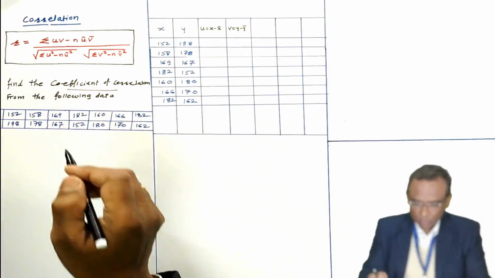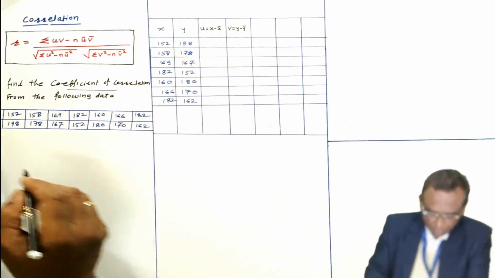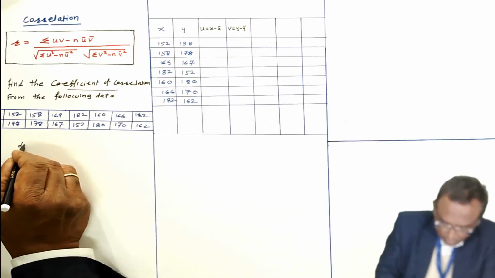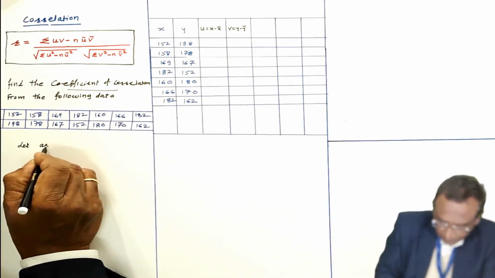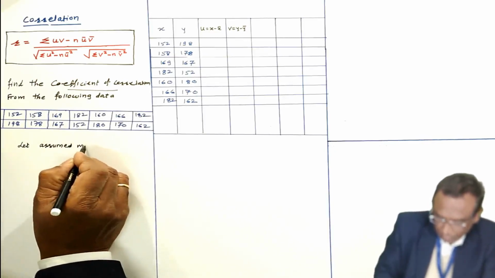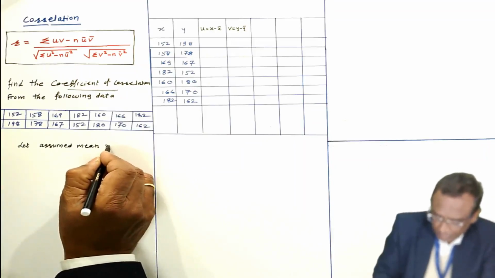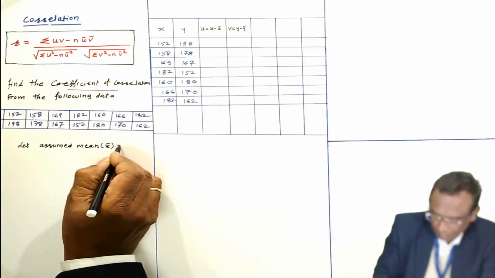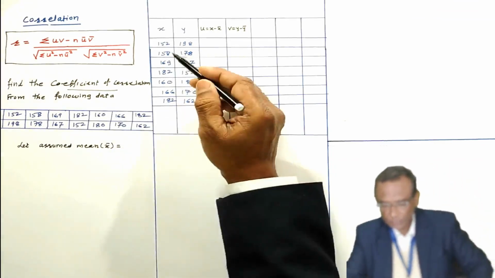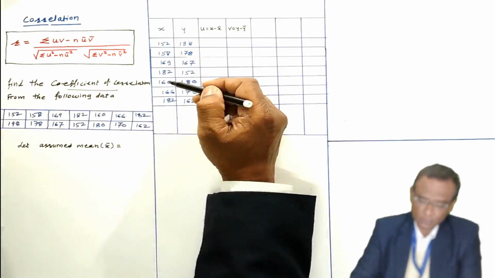Now the x and y data is given to you. Let us assume a mean. In the previous problem I used the actual mean, x bar. Here for assumed mean of x, you can take 152, 158, or 160 also.